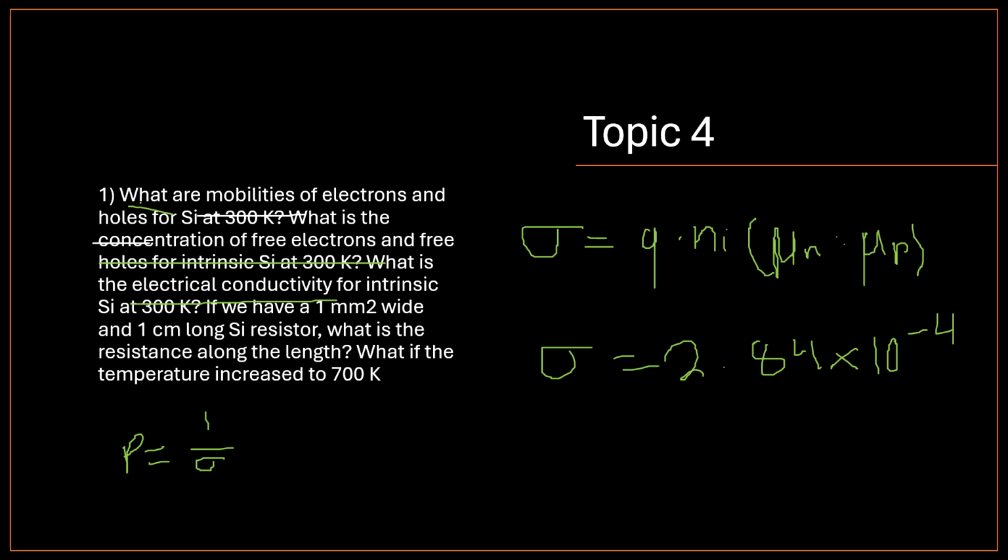Now, finally, to find the resistance along the length, our formula is going to be R equals resistivity times length over area.